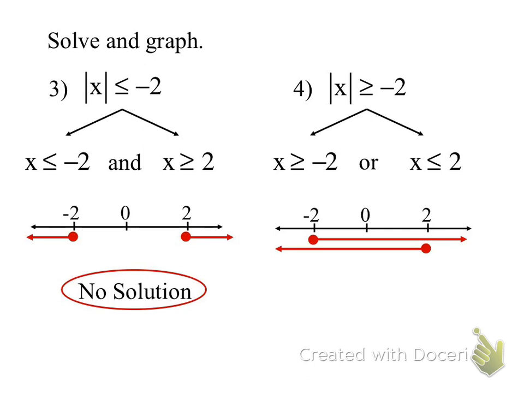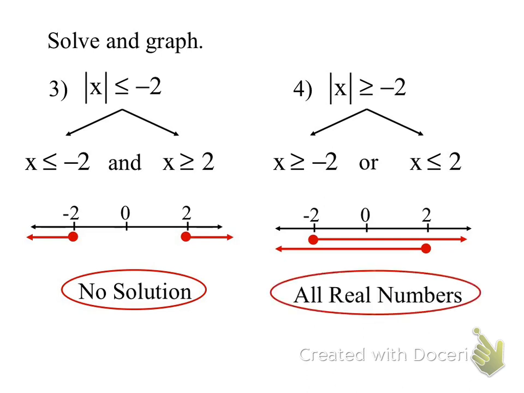Do you understand what I'm saying? This is not just an intersection, it's a union of both. So really, by rights, the number line should be this, with the point going through. It's all real numbers. So we're writing all real numbers.